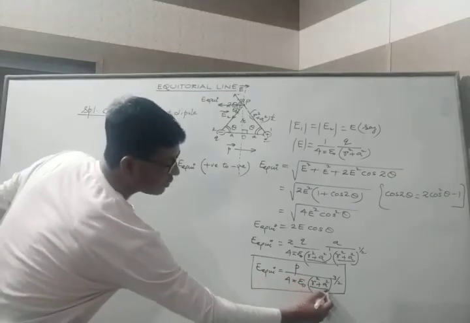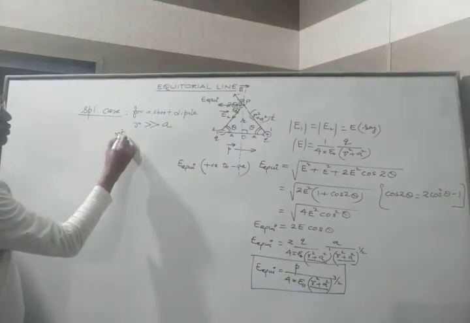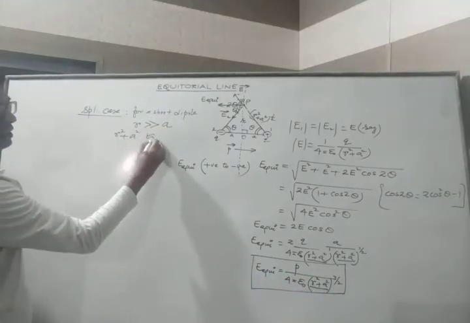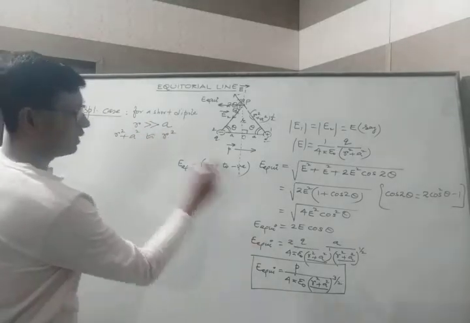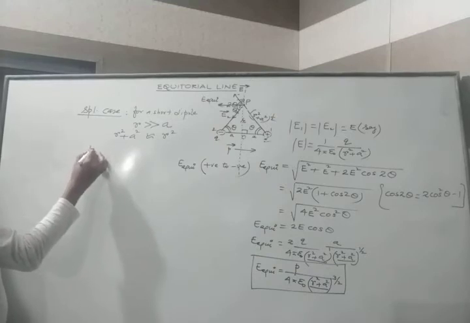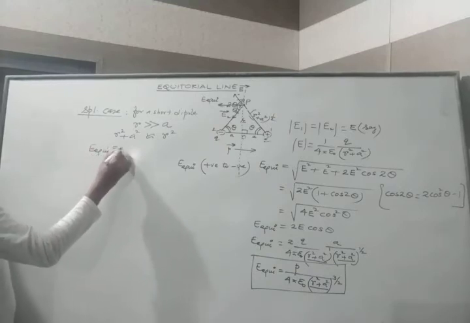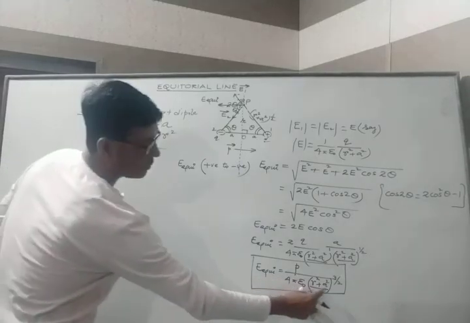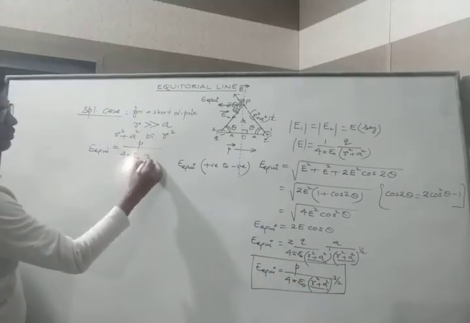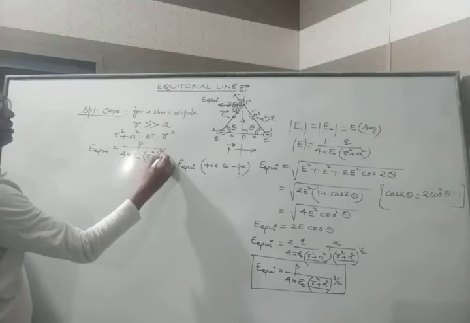So let's consider this particular term. R square plus A square can be written as R square. A square can be neglected. So if we substitute this value over here, then for a short dipole, we get P divided by 4 pi epsilon, R square plus A square needs to be replaced only by R square, R square to the power 3 by 2.